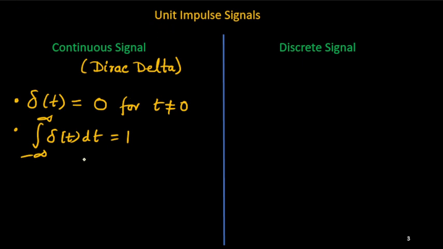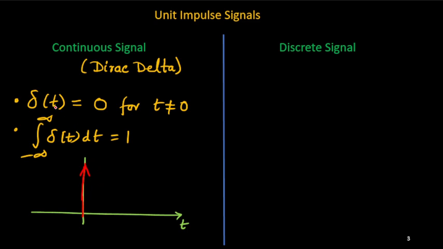So this delta t is the unit impulse signal in the continuous domain, and we can show it in a diagram like this. This is your t axis, this is the amplitude axis. The signal is available at t equal to 0 only, and for t not equal to 0 it is absent everywhere, but the total area is 1. Obviously the amplitude is going to be very large, towards infinity.